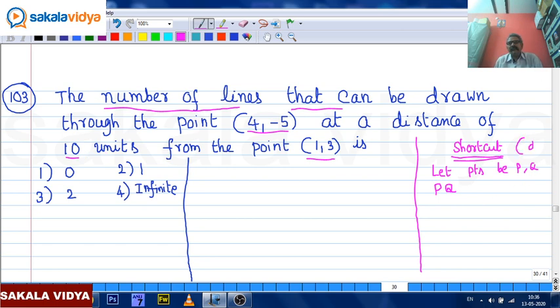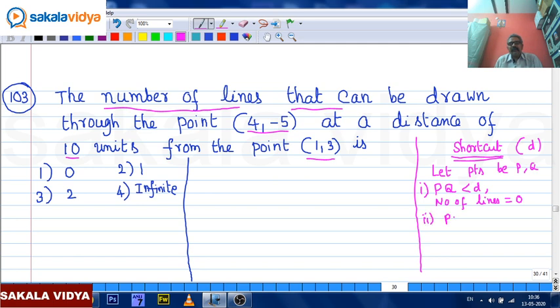First, if PQ is less than d, the number of lines equals 0, no line can be drawn.